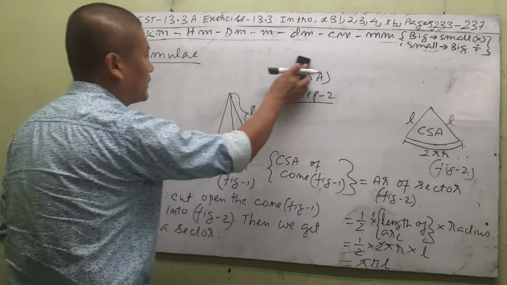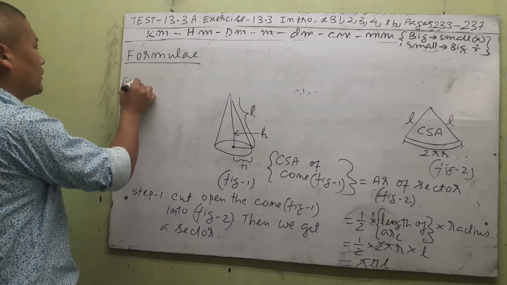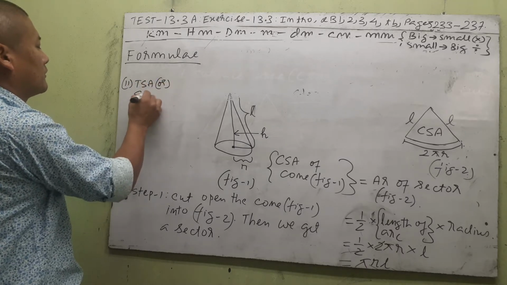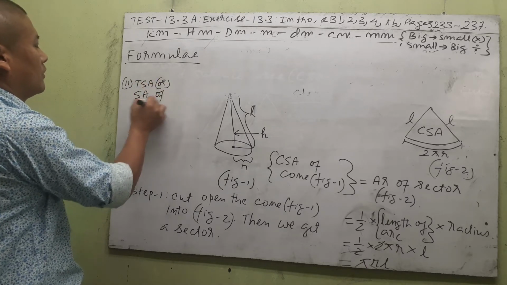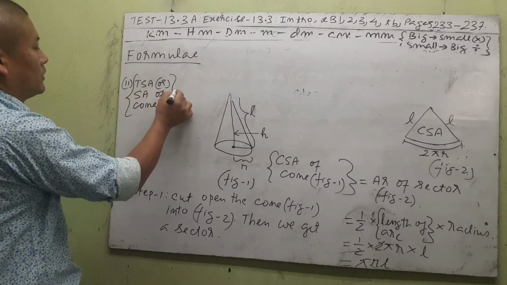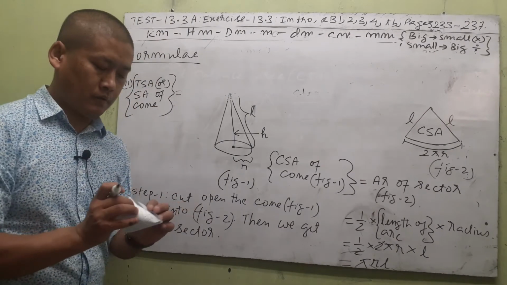Then let us go to the second formula, total surface area, or we also call it the surface area of a cone. Write it down. It will be equal to, look at this figure, we're going to use the same figure.